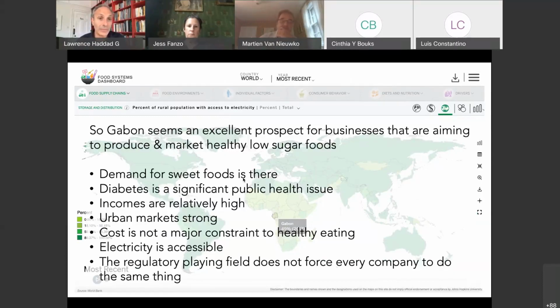Diabetes is high, incomes are high, urban markets are strong, cost doesn't seem to be a major constraint to healthy eating. Electricity is accessible if the product you're producing needs to be cooled. And the regulatory playing field doesn't force every company to do the same thing. So there is space for company differentiation and product differentiation. So again, this seems to be an opportunity for a business there.